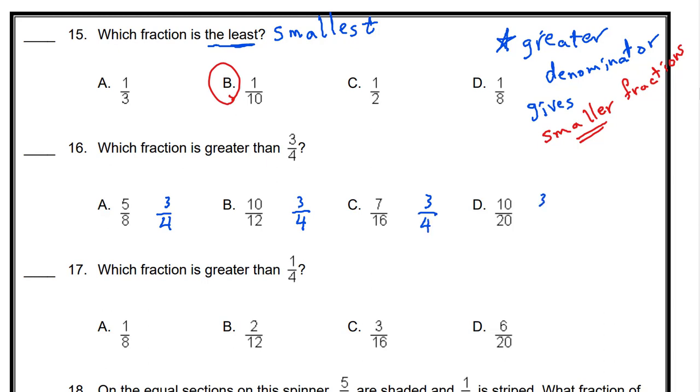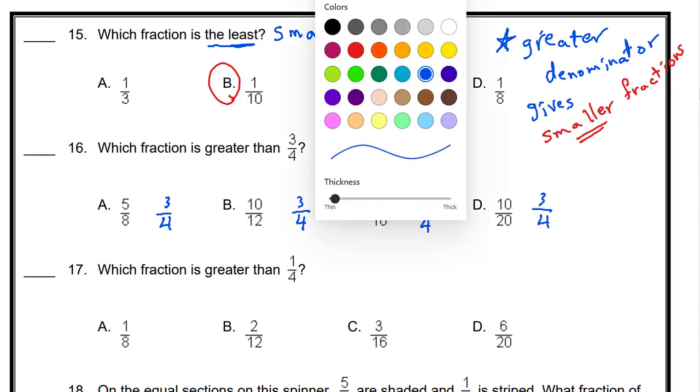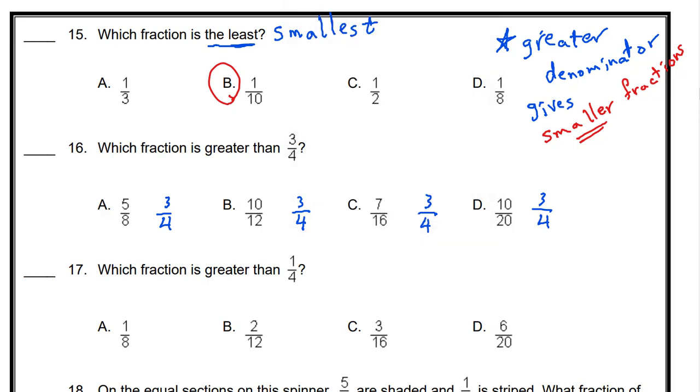Then we will compare. 4 times 5 equals 20. 8 times 3 equals 24. 3 out of 4 is greater. So we should use less than, right? That's wrong. We need greater than, so this one is wrong.